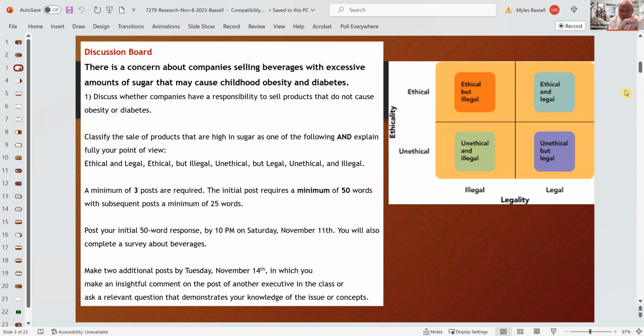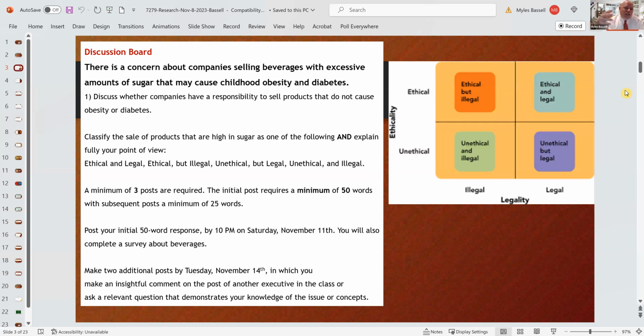Questions about that? So your first post, which is a response to this issue, should be a minimum of 50 words. Your additional posts should be a minimum of 25 words. You don't need to do any research on this topic. You don't have to have read the Harvard case study regarding the cola wars to answer this question.